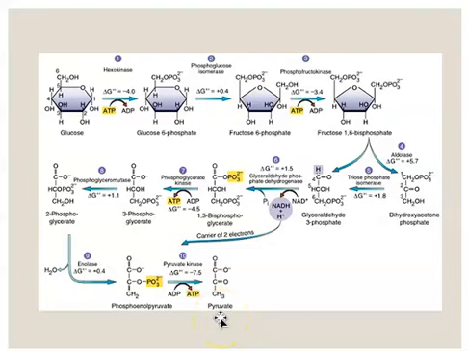In addition, again, we reduce electron carriers. NAD becomes NADH. And we produce a little bit of ATP through substrate level phosphorylation. So that's the take-home message about glycolysis: what's going in and what's coming out.